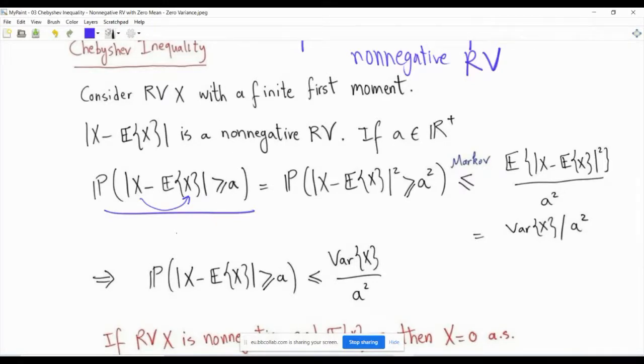How can we upper bound this probability? Again, our friend here is Markov. But before doing the Markov inequality, as I did on the previous slide, we will square first. You raise both sides to the power 2, which is valid and not problematic because both sides of the inequality are non-negative. So we square first, and then we apply the Markov inequality to this probability.